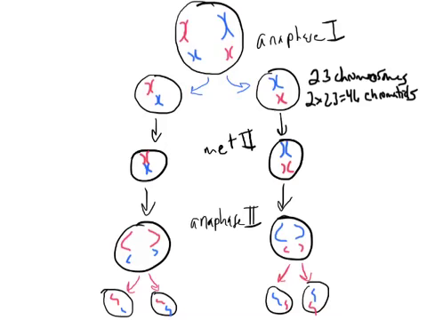So if we're bringing it back to the number of chromosomes that humans have, each daughter cell now has 23 chromosomes, each one made up of a single chromatid, so 23 chromatids at the end of meiosis 2.